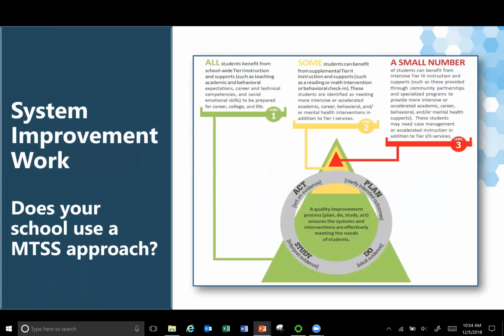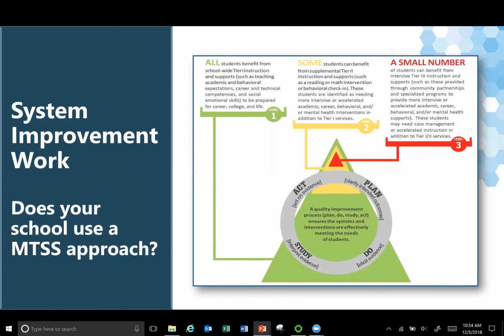Then we kick it up a notch for those students who need more intentional work and supports from the folks at school, whether academic, social, emotional, or personal social needs. And finally, we all know those small number of kiddos who need everything but the kitchen sink, where school psychologists, social workers, and community organizations come in to provide wraparound services that are so critical for those students and families in crisis.